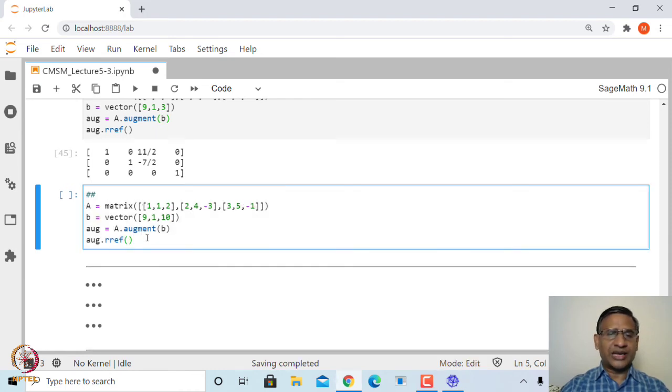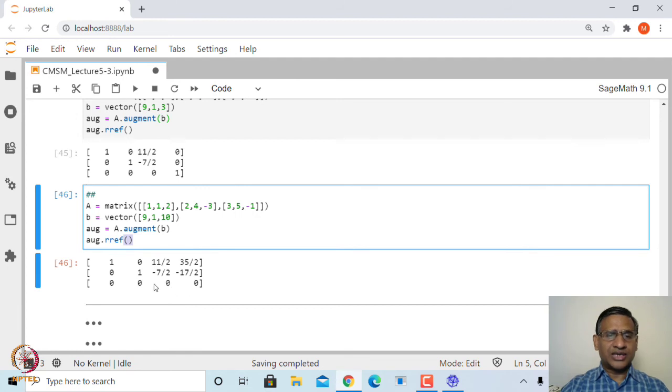Now, if I apply RREF to this system of linear equations, what do we get? We get the last row completely 0. What does it imply? It implies that this last row is x1 times 0 plus x2 times 0 plus x3 times 0 is equal to 0, which is vacuously true, always true.